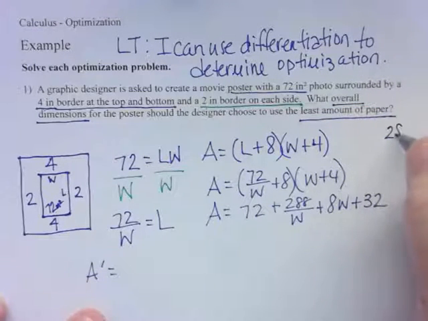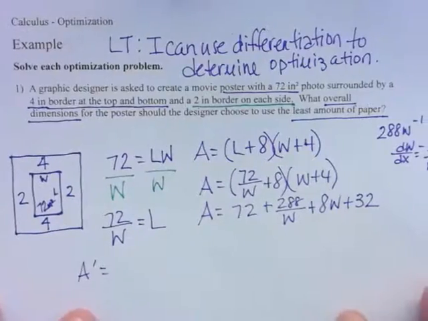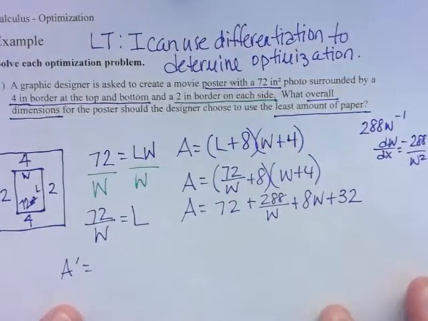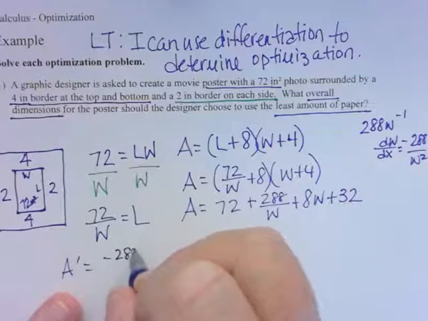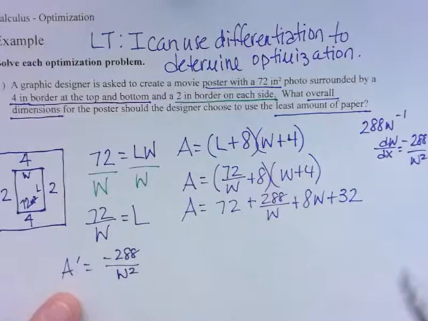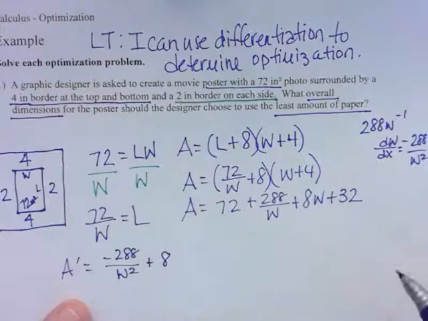I'm going to rewrite that as 288W to the negative 1, giving me a derivative then of negative 288 over W squared. And if you didn't follow that, you can get it from a quotient rule. So negative 288 over W squared, and the derivative of 8W, of course, plus 8.